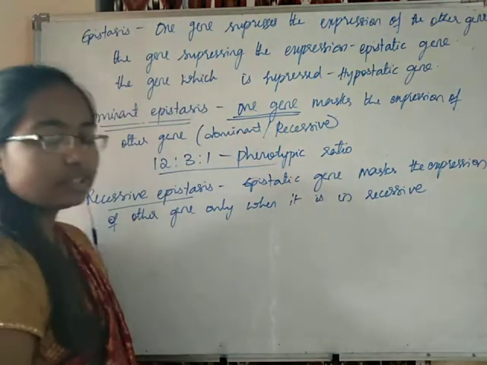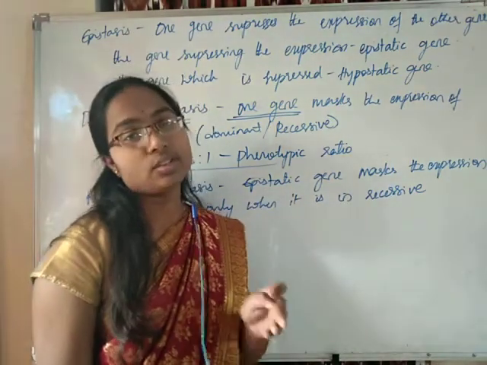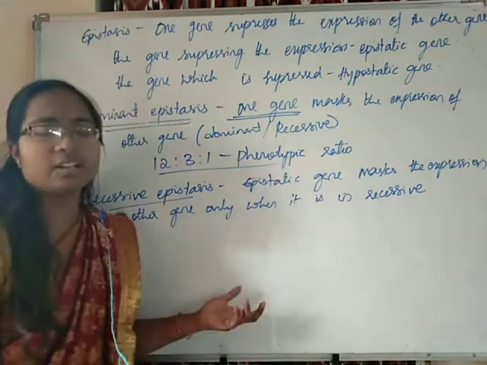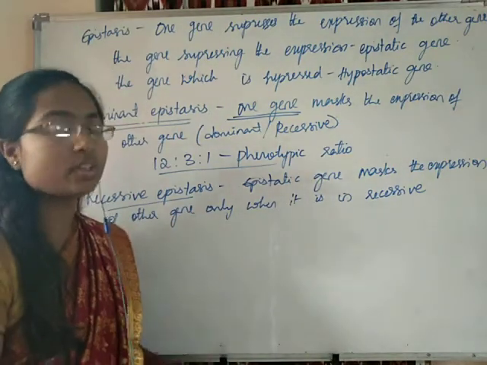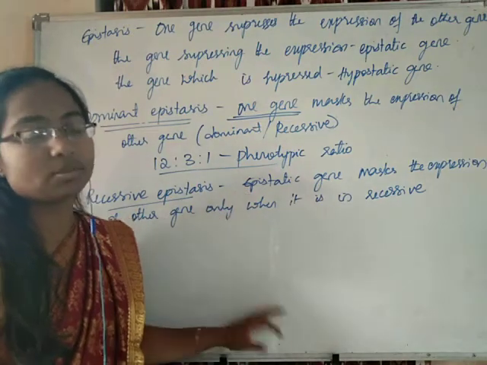Only when this epistatic gene is in recessive condition, then only it will mask the expression of the other gene. The other gene can be anything, it can be dominant or it can be recessive. When the epistatic gene is in recessive condition, it will mask the expression of the other gene.